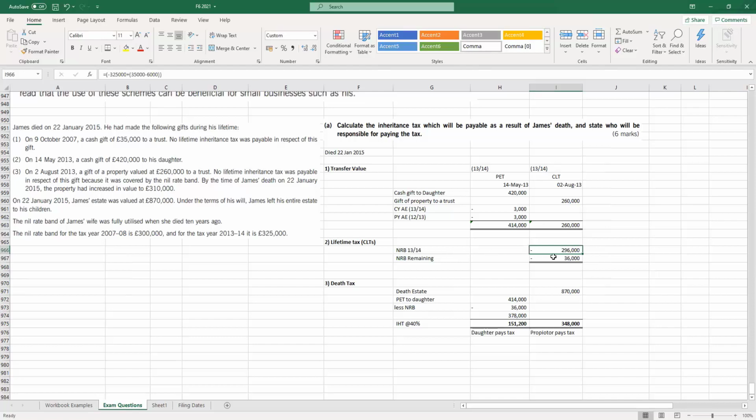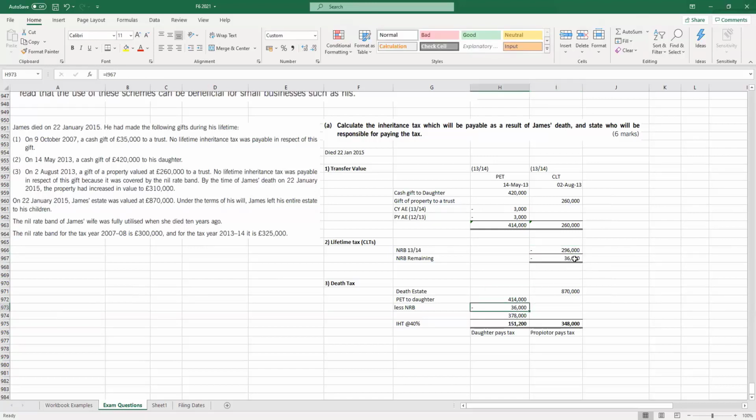Now, I'm still thinking because on death, the nil rate band is used cumulatively. So the 296 will go against the 414. It's used. So I think ignore what it's saying there, no lifetime inheritance tax was payable.